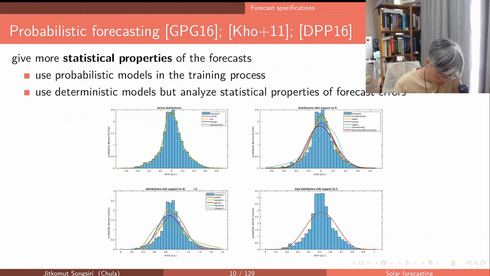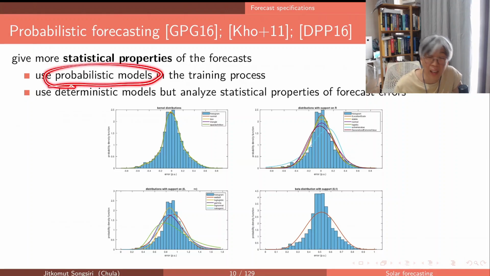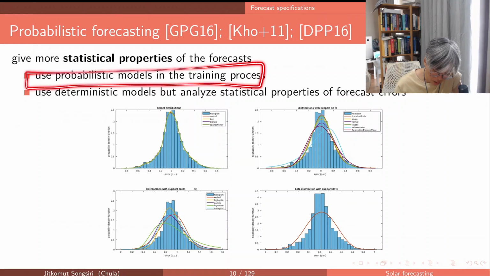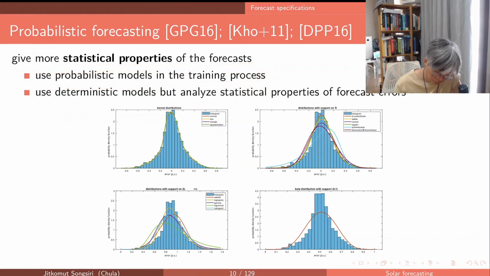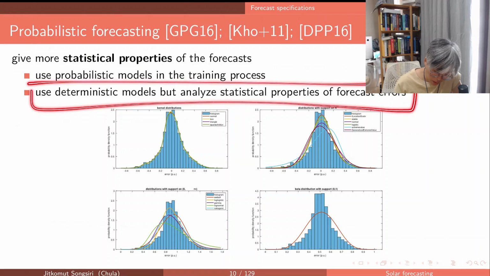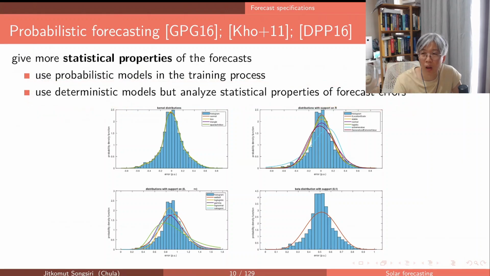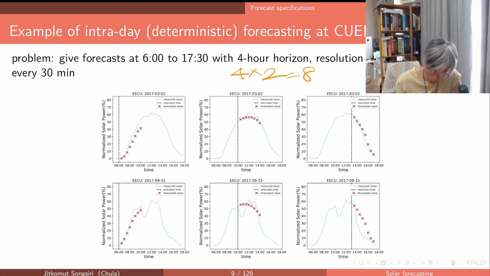The first framework goes in the direction where you train your probabilistic models directly in the training process. This one is typically harder, and this is still ongoing research. The other one is that first you develop a point forecast model, the deterministic model that you did here.